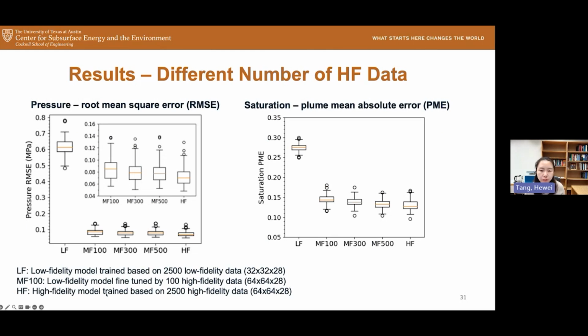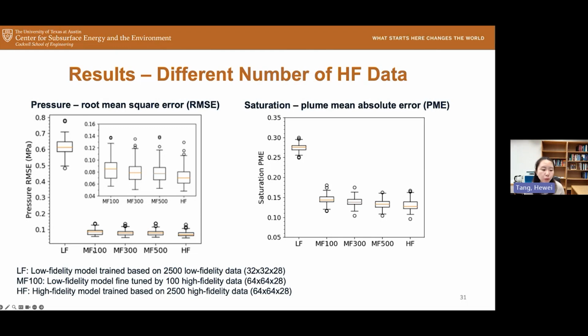So here at the first row of low fidelity model, I show the pressure RMSE and saturation RMSE if I use a low fidelity model trained based on 2,500 low fidelity data and directly predict on the high fidelity data set. So very error prone. So how could we mitigate this? We can fine-tune this low fidelity model with some high fidelity data.